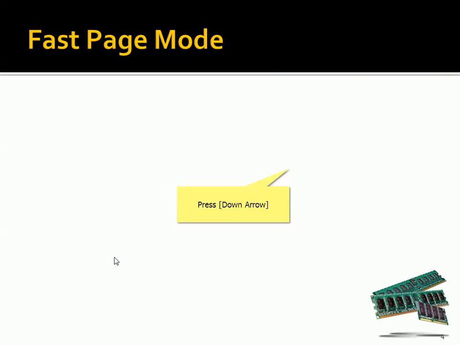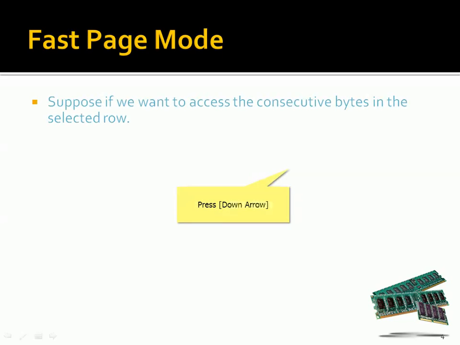Now the fast page mode. Suppose we want to access consecutive bytes in the selected row. This can be performed without having to reselect the row.